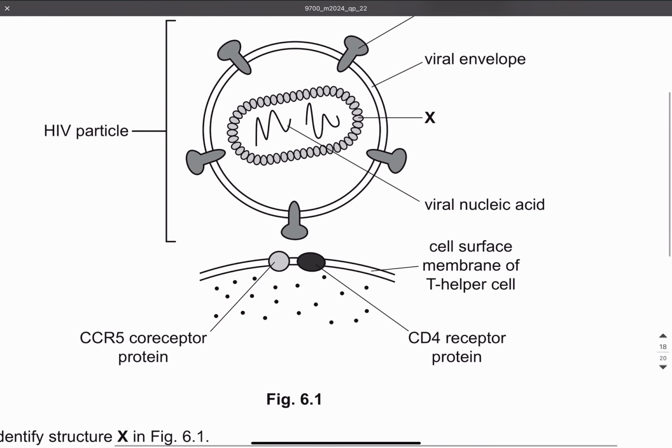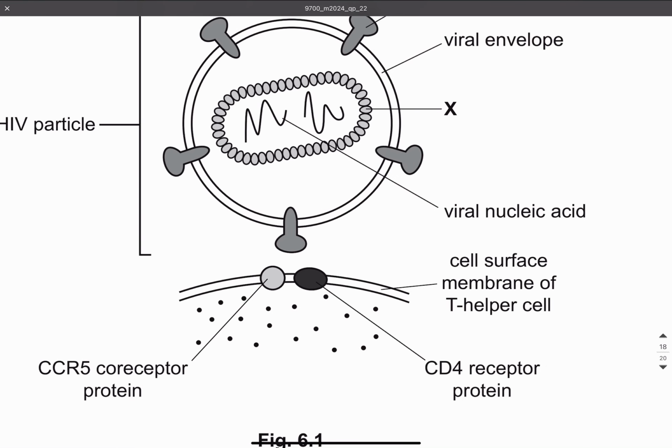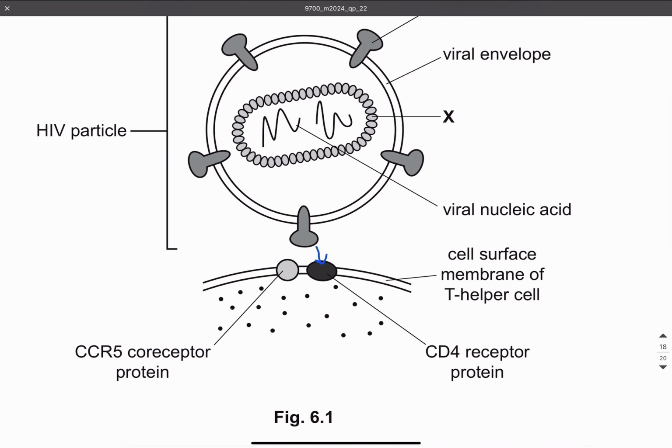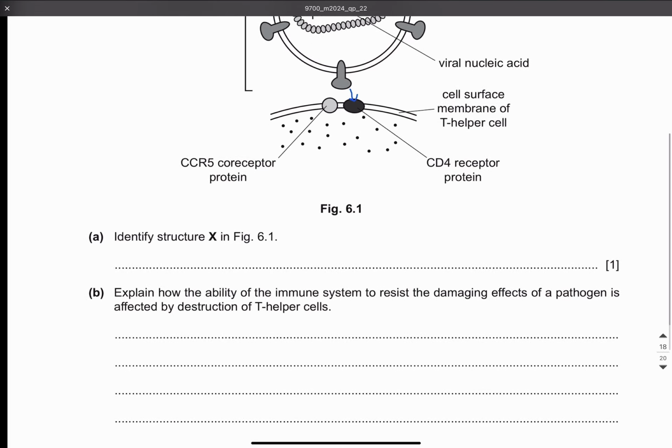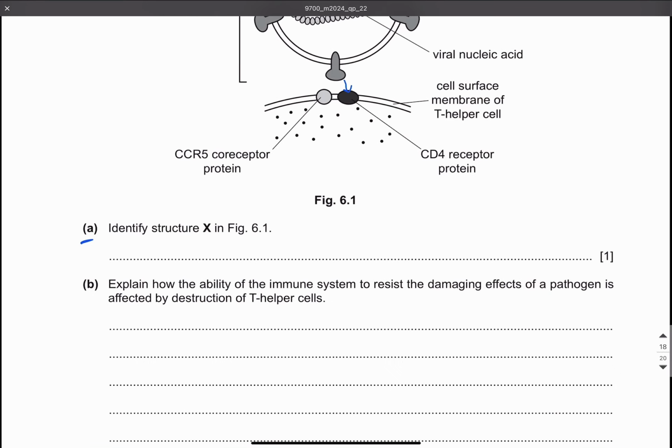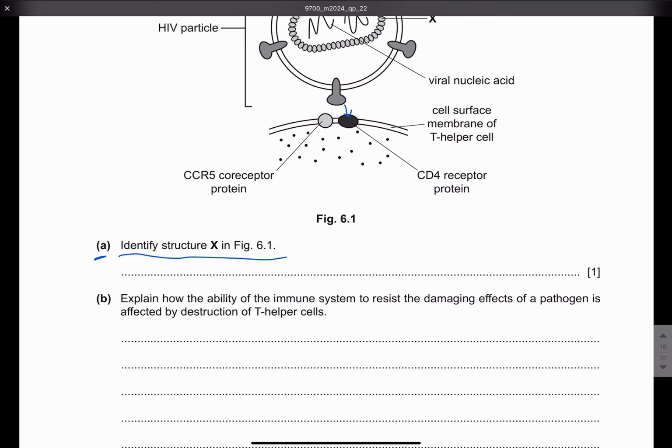So what will happen is that HIV will bind to the CD4 receptor protein on the T helper cell, and then this co-receptor, which is CCR5, will help the virus to enter the T helper cell by endocytosis. Alright, part A, identify structure X in figure 6.1.